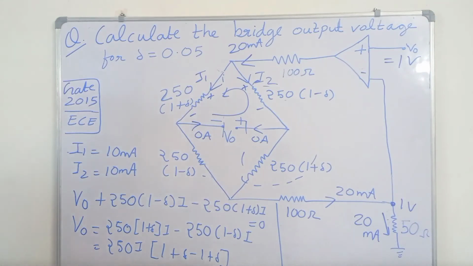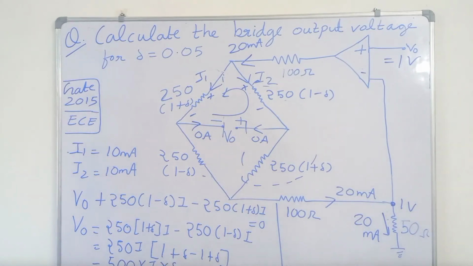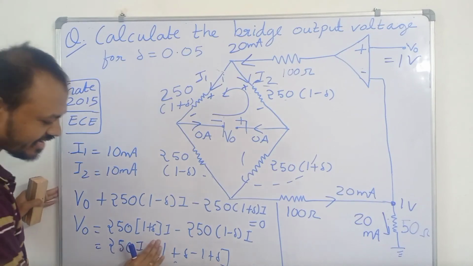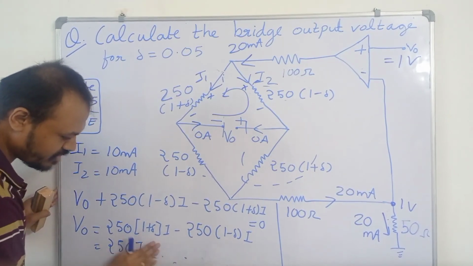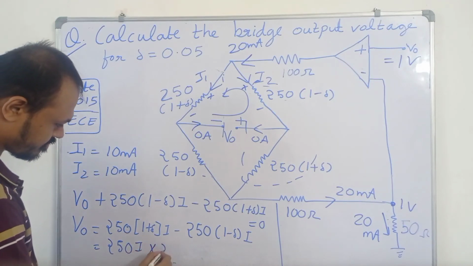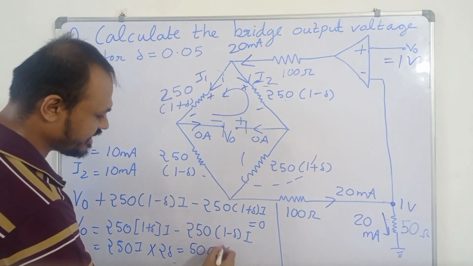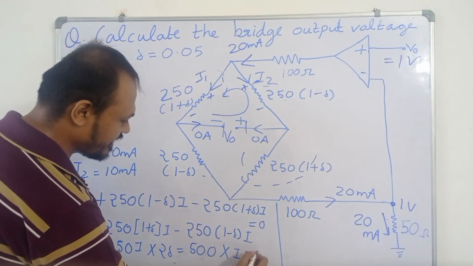So V naught is equal to 500 into I into delta, because this is 250 into I and this is 2 delta. So 250 into I into 2 delta is 500 into I into delta.